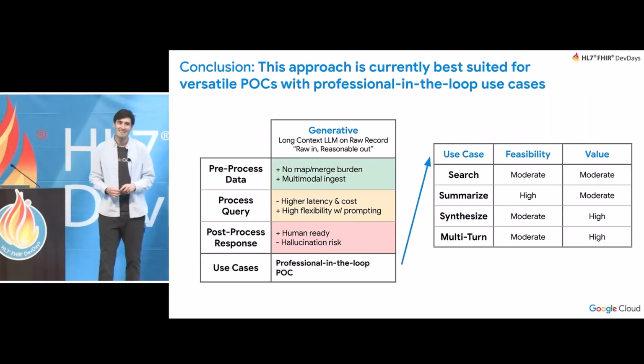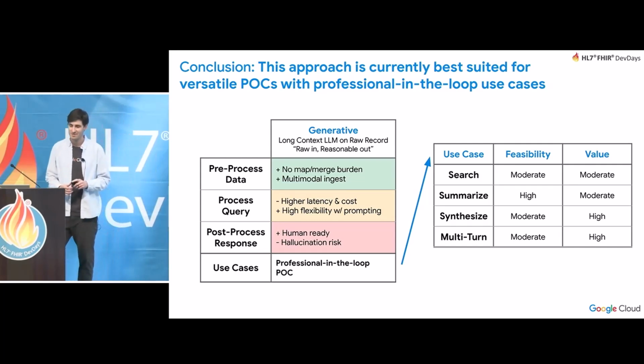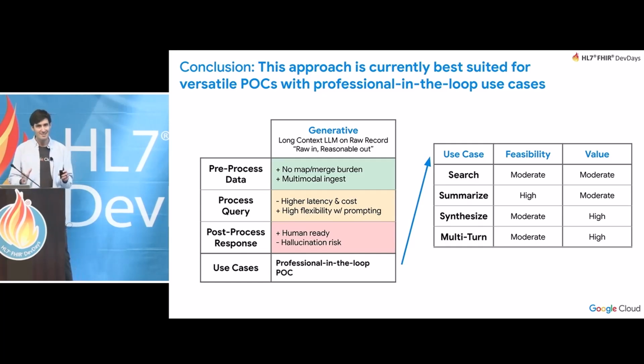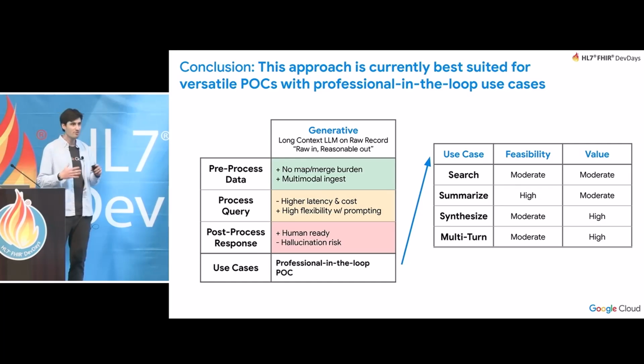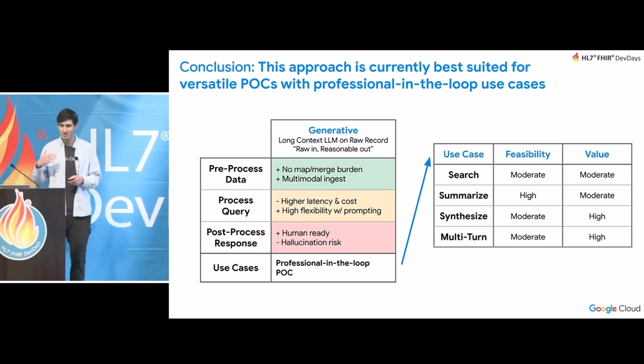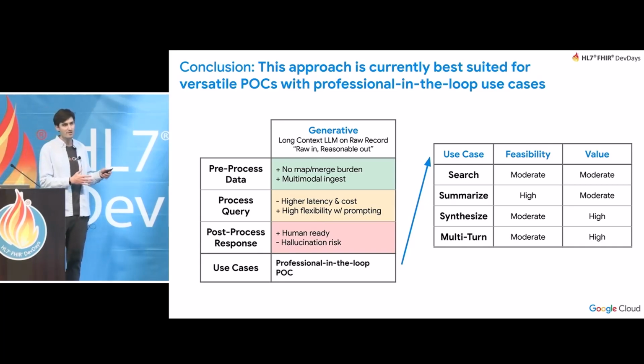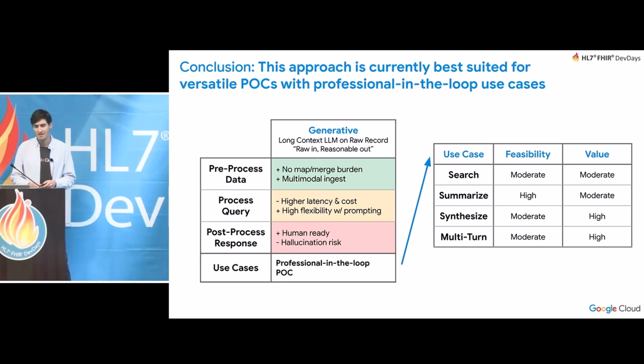So to come back to that visual that we showed before, let's focus on use cases first. Again, we think that this use case today is currently best suited for versatile proof of concepts that are professional in the loop. I think personally I'm more excited about the lower two of this list of four use cases, the synthesize and multi-turn, because there are things that are a little bit harder to do with deterministic systems.